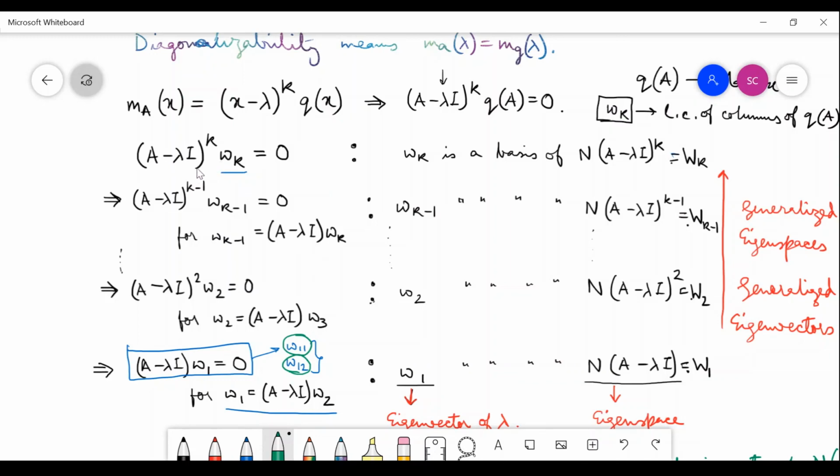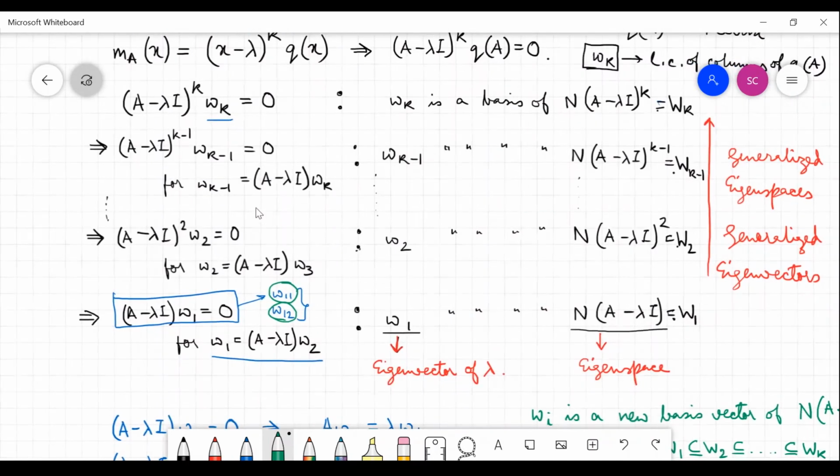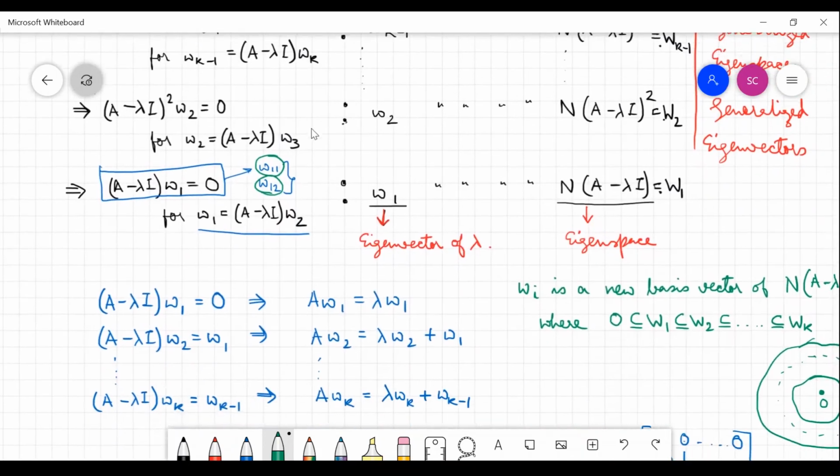So fundamentally you would be able to bring back omega k, and this is already there, so this into omega k will give you 0 always. That is the reason why all the lower order vectors are also basis vectors of the null space, and of this eigenspace wk.